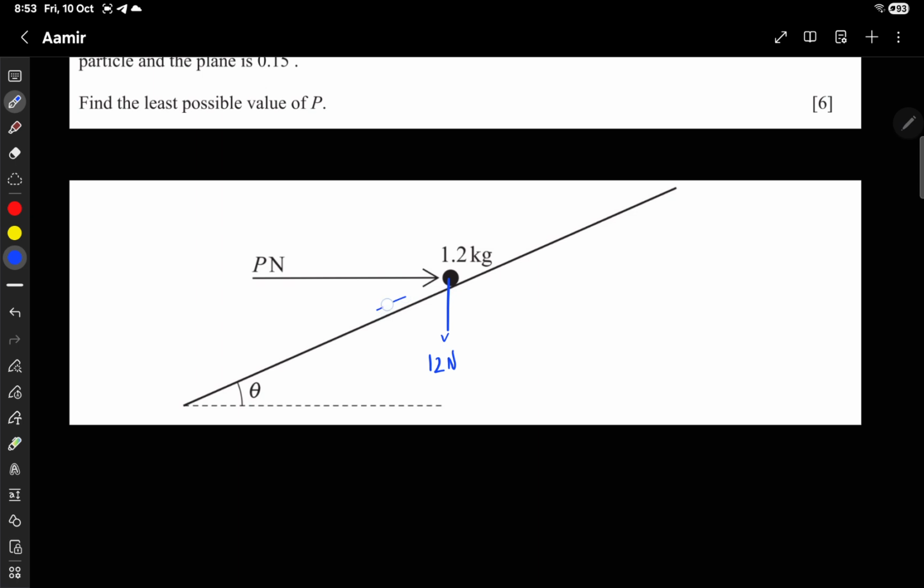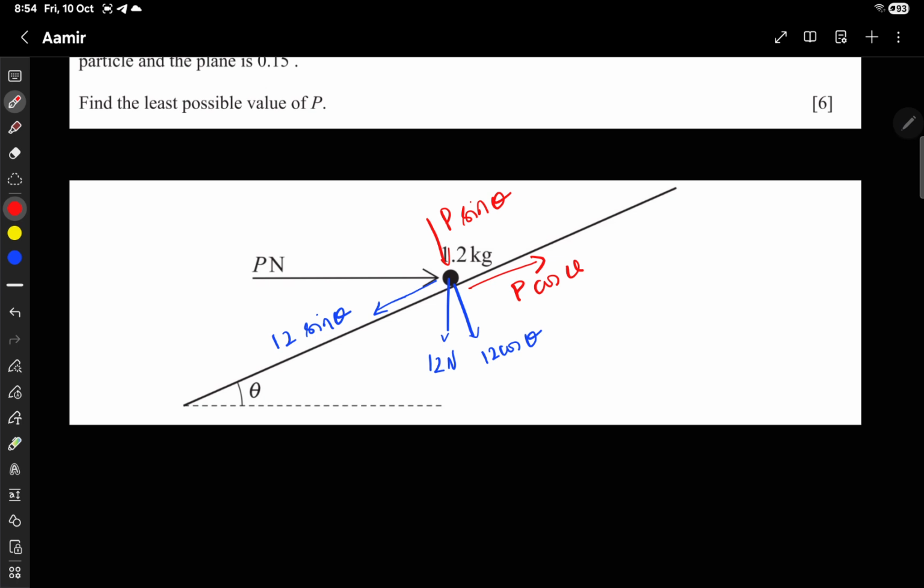This will have one component 12 sine theta, and another component 12 cos theta, parallel and perpendicular to the plane respectively. And here I have P, so one component of P will be along the plane, that will be P cos theta, because this is theta, and the other one will be like this, which is P sine theta.